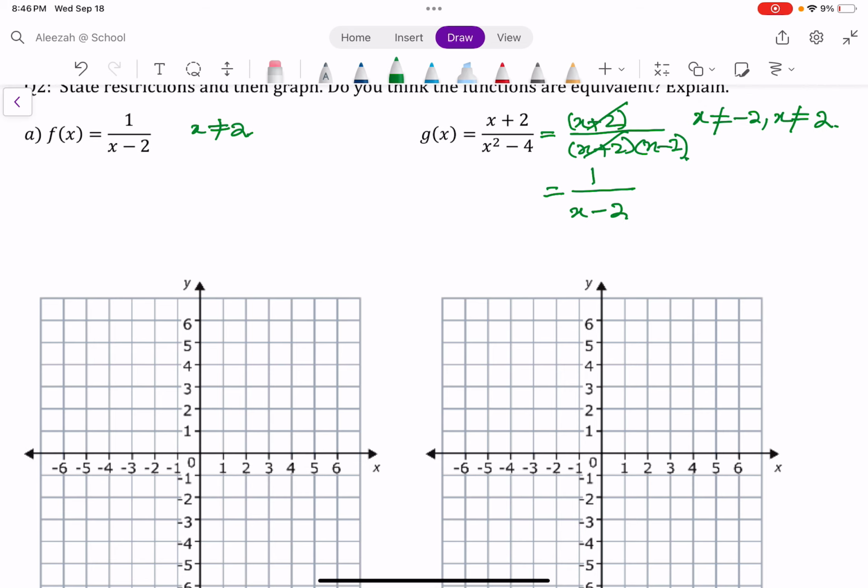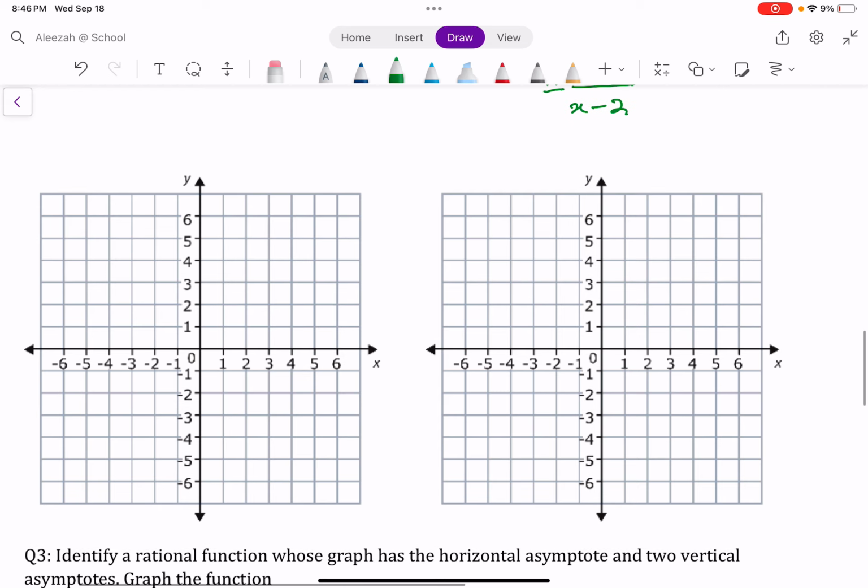Okay, now if I have to graph it, on my f of x, my vertical asymptote is at 2, right? Because it's saying x cannot be 2. So if I draw my vertical asymptote, the vertical asymptote is at 2. So I can graph it here. And the horizontal asymptote will be at y equals 0, right?